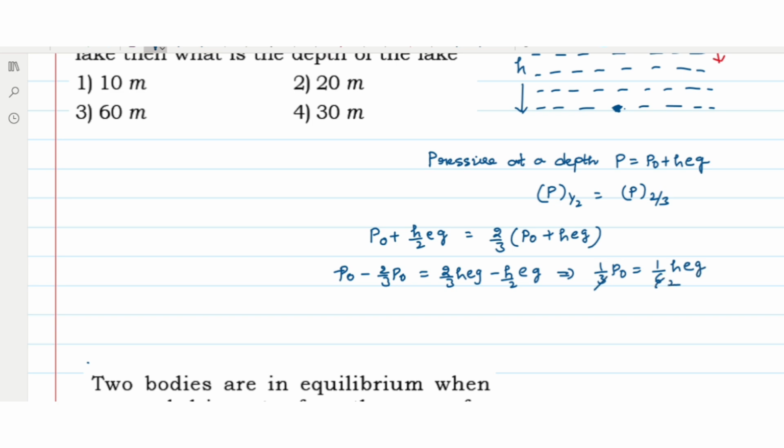Now the depth of the lake is asked, so h equals, by cross multiplying, 2 P naught by rho g.